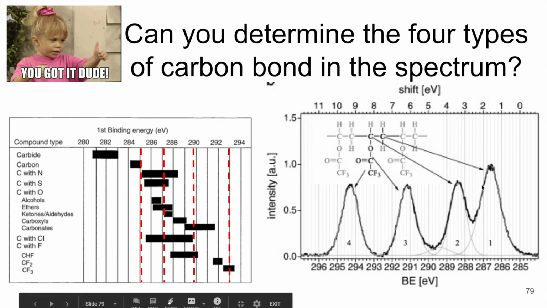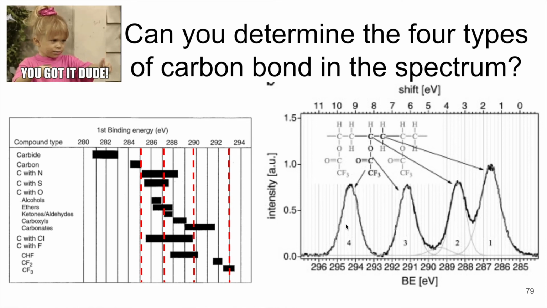This plot has a little bit different numbers here, so ignore the numbers, but the actual peaks are the same. We see that the lowest peak, which is 1 over here, they are again calling the carbon-carbon backbone. So that's great, it's pretty close to what we see here.